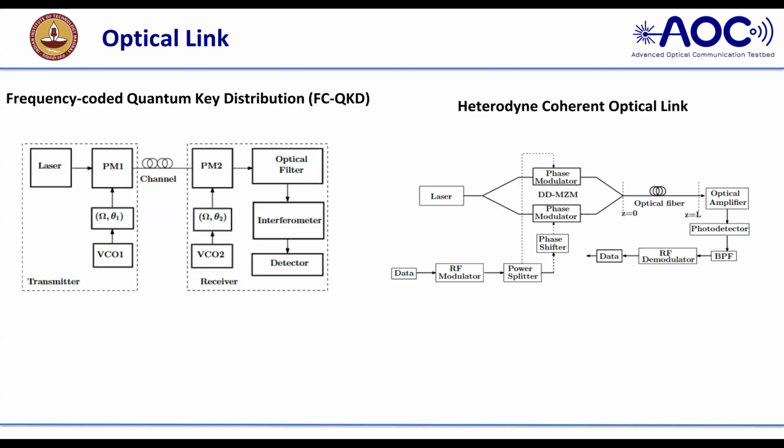So these are the things in the case of frequency-coded quantum key distribution, and we want to know the performance, the quantum bit error rate, for a coherent state. The second example, which we are using in the current scenario, is the direct coherent link and heterodyne. Here we assume a single phenomenon.